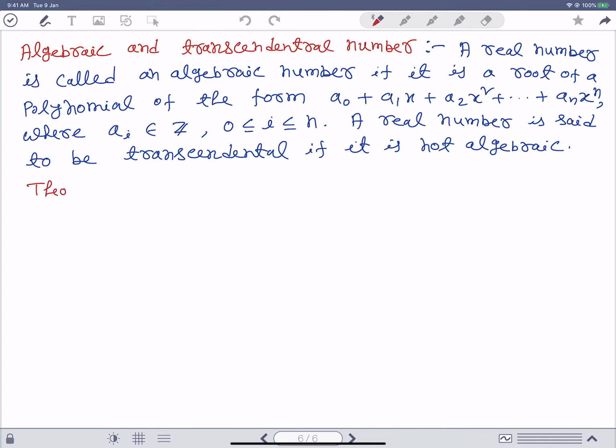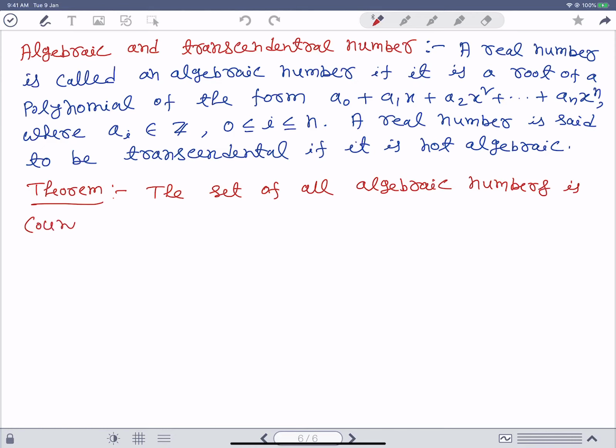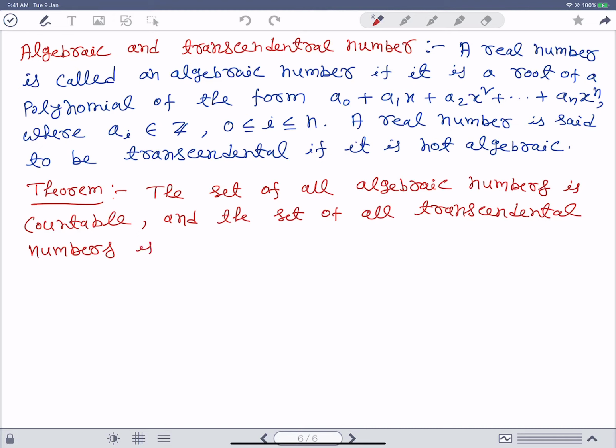It says the set of all algebraic numbers is countable, and it will follow that the set of all transcendental numbers is uncountable.